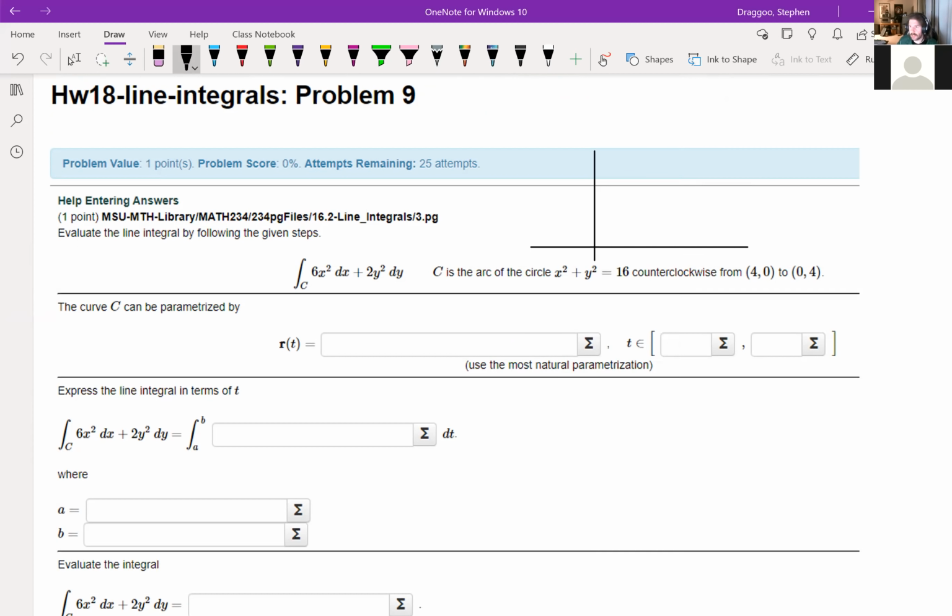So if I just draw my coordinate axes up here real quick, I'm going from 4, 0 to 0, 4. 4, 0 is this point on the x-axis. 0, 4 is that point up there on the y-axis. Let's move these a bit closer together so it actually has a chance of looking like a circle. And I want to go counterclockwise, which means I'm looking at this arc right here.